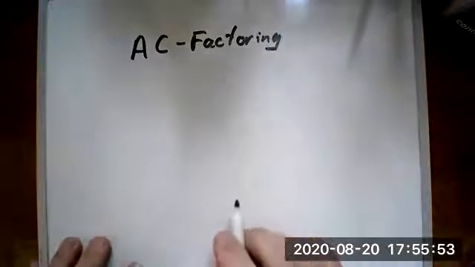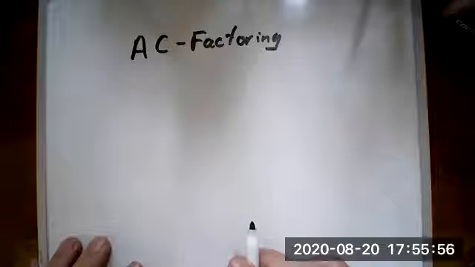We're going to cover AC factoring. AC factoring takes place in situations where you're dealing with a quadratic equation with the number in front of your x squared being greater than 1. For example, if we had the equation, now I've got to put one out of my head here.